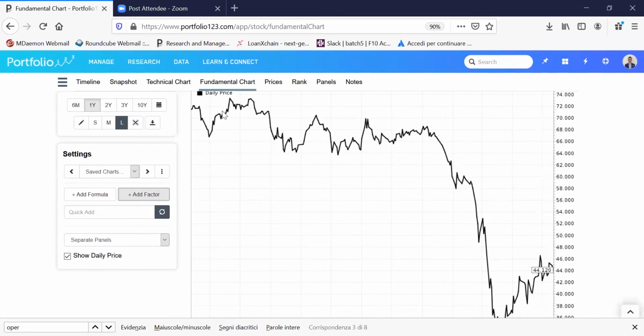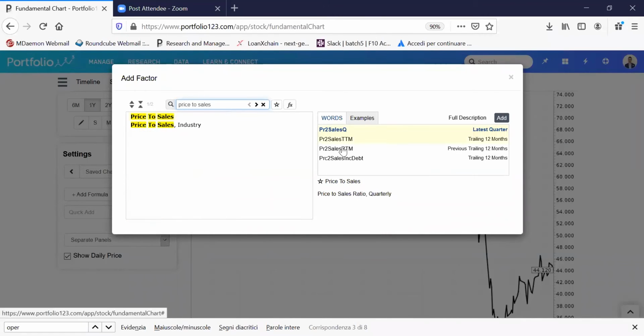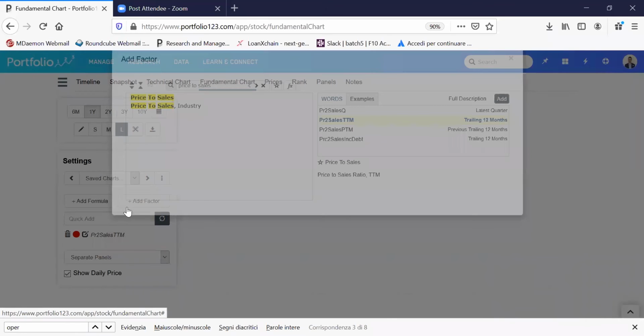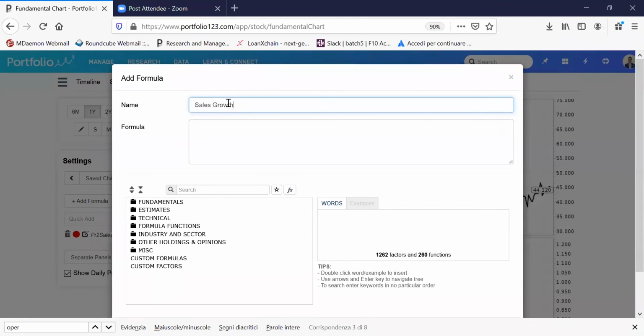So, going to add price to sales, a measure of what the market is expecting sales to do, because as we said before, if dividends are growing, the price will be quite high and the valuation itself will be quite high.